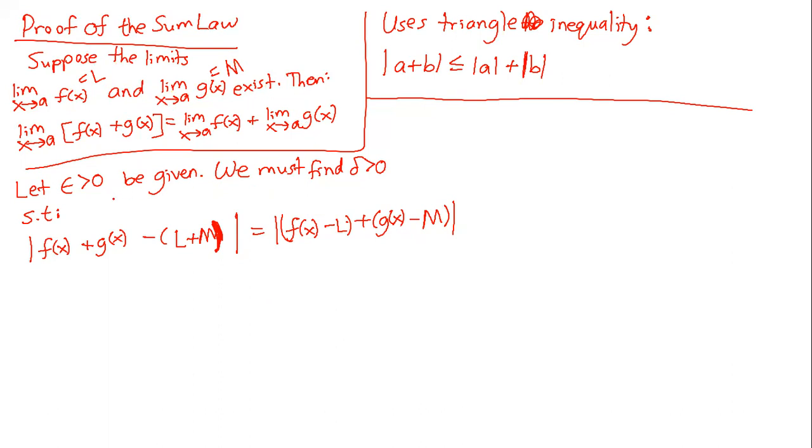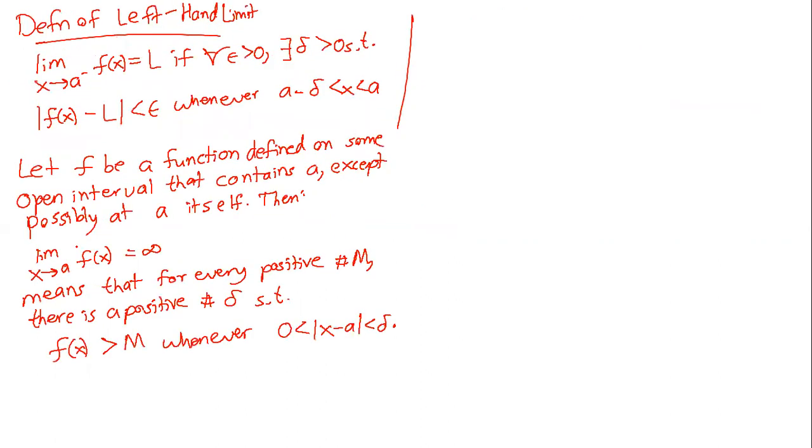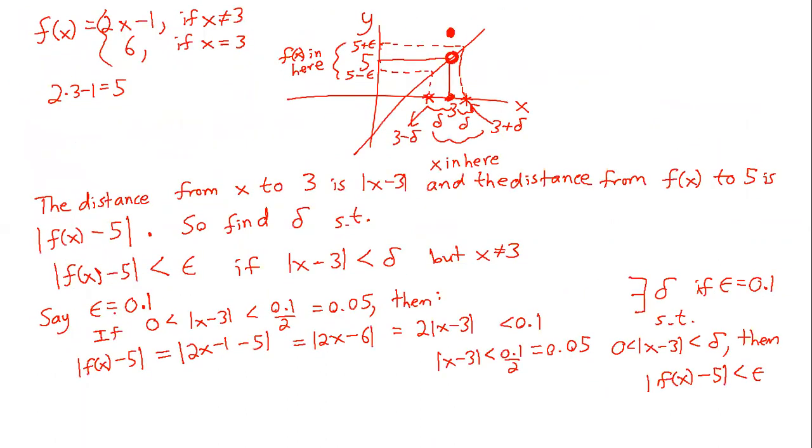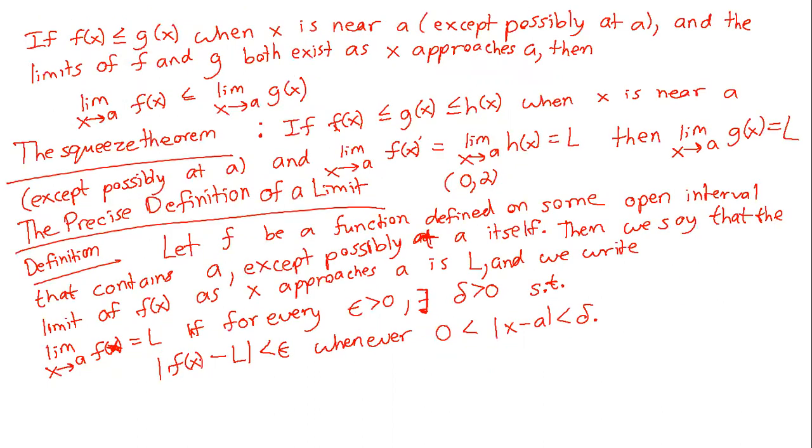So in order to demonstrate that, I'm going to use the definition of the limit. So I say, okay, what would it mean if this was true? It would mean that given an epsilon, there needs to be a delta such that, and then I have to write the two halves. The first half of the definition of the limit is to write the part where you say the absolute value of f of x minus L is less than epsilon, and then the next part is to say whenever 0 is less than the absolute value of x minus a is less than delta.